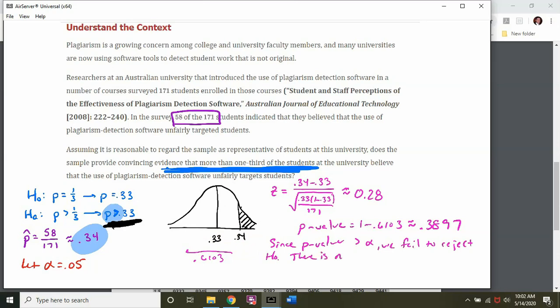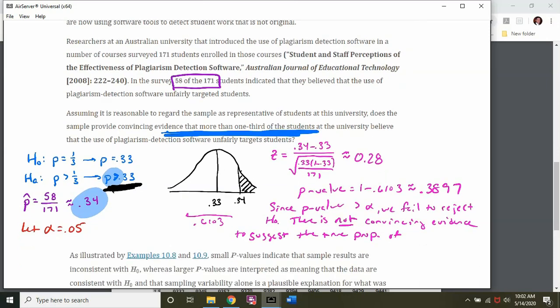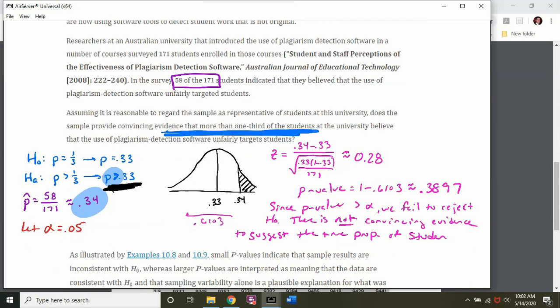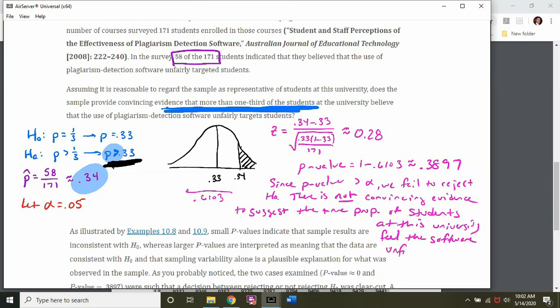There is not convincing evidence to suggest the true proportion of students at this university who feel the software unfairly targets students.